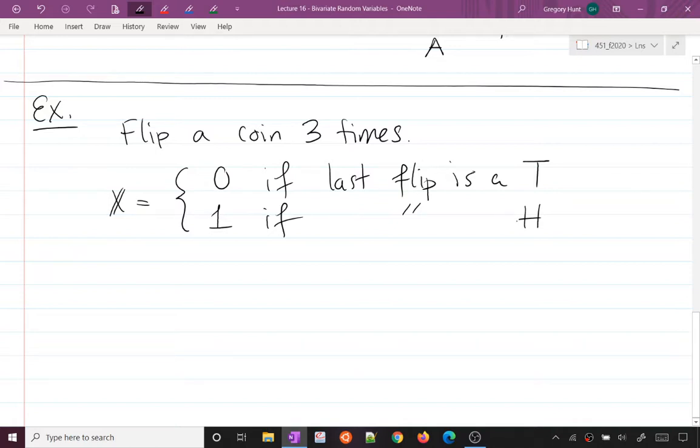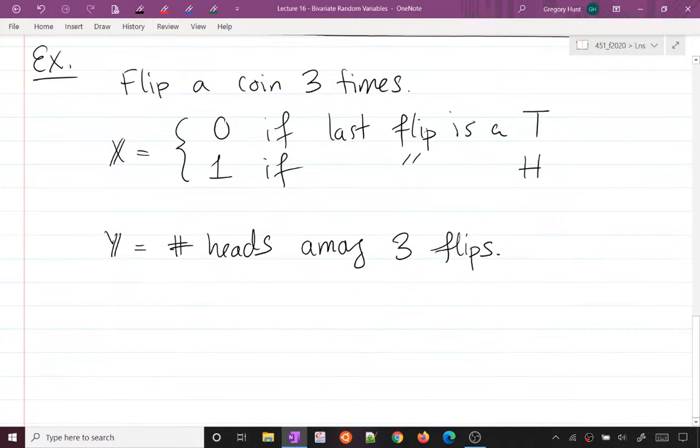Maybe it's interesting, maybe it's not. For the sake of example, we're going to consider another random variable, Y, which is something we're more familiar with: the number of heads among the 3 flips.